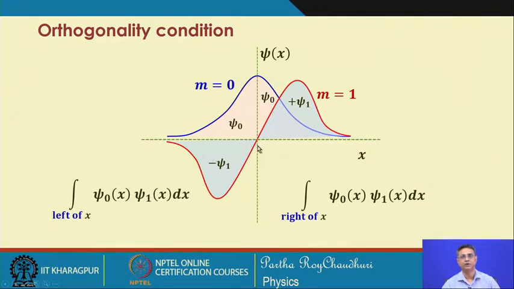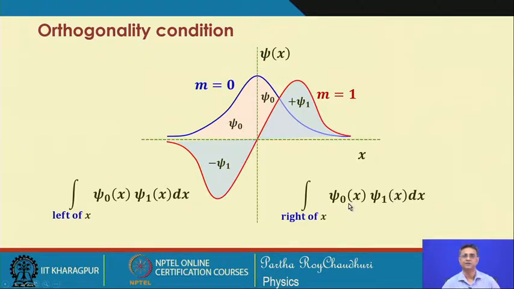So, this quantity multiplied by this quantity, the area under this will be the same as this quantity multiplied by this, because across this line the left hand side area and the right hand side area are the same.